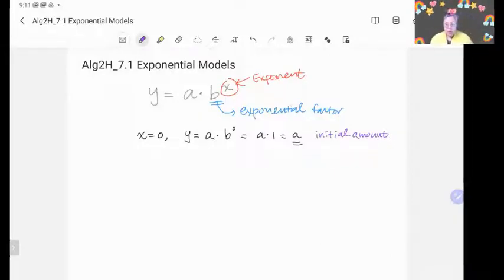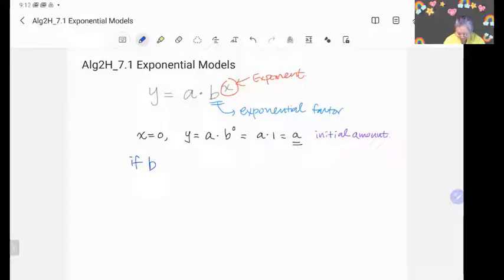Consider that the exponential factor b indicates the rate at which it increases or decreases exponentially. Let's focus on depreciation this time.